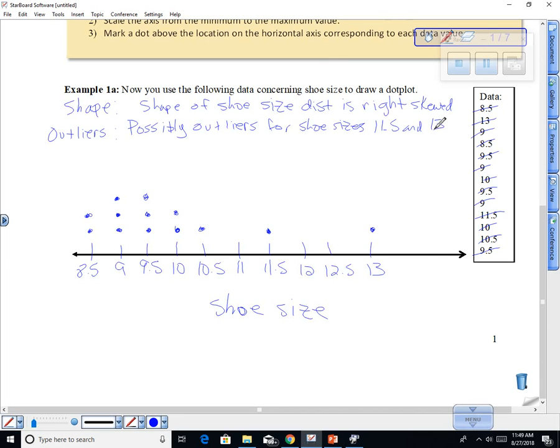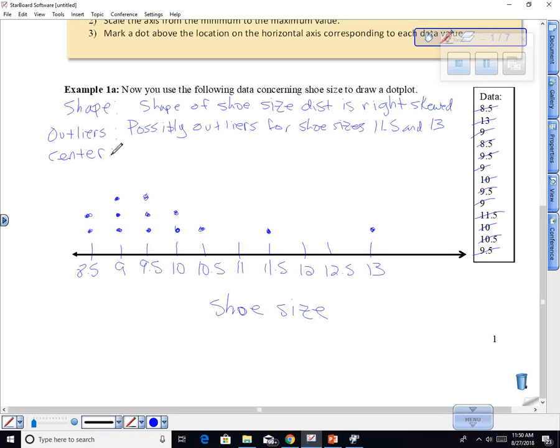And then the next acronym? Center. Now we're going to talk about two major types of center, median and mean. I'm pretty confident most of you have talked about both of those before. But when we're looking at a dot plot like this, median is probably the easiest thing to look at.